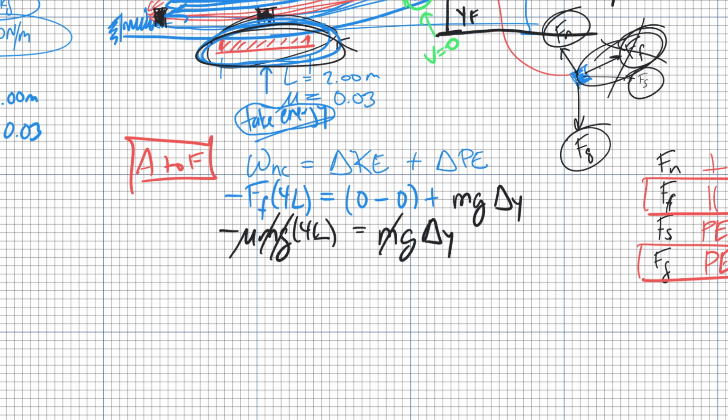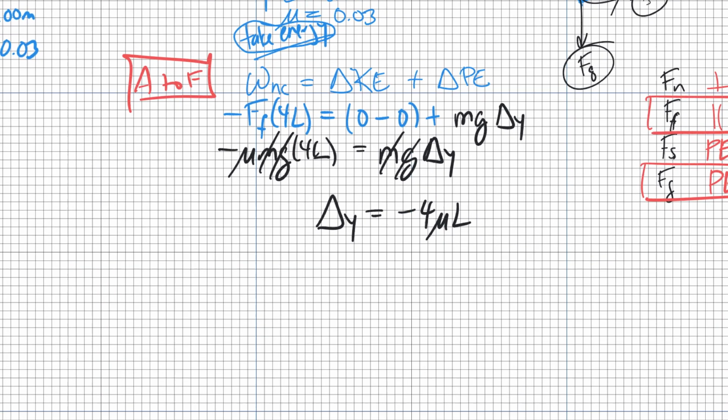Oh, those g's are going to cancel too. So delta y equals negative 4 mu L. Is it that simple? I suppose it is. Certainly the units work out, so that's always nice.